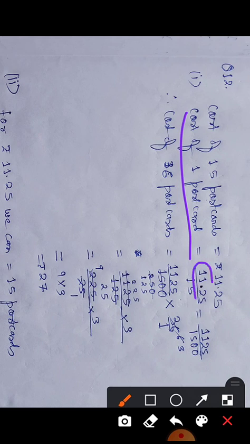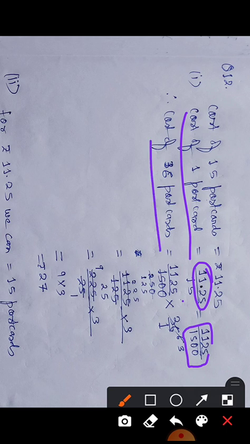Now this is in decimal and change it into a whole number. Very simple. You multiply 11.25 by 100 and also multiply 15 by 100. Your answer will be 1125 by 1500. Now we'll try to find the cost of 36 postcards.